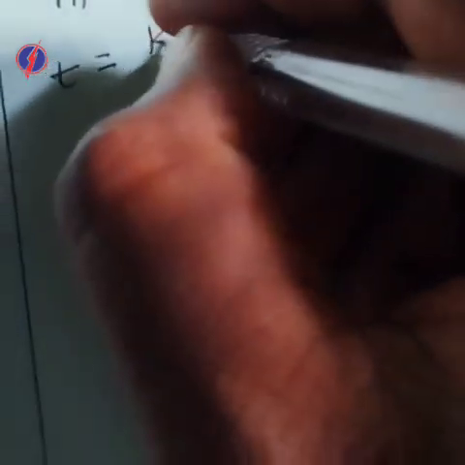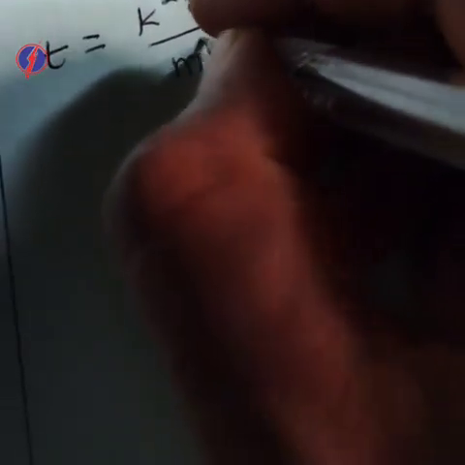Okay, so t is equal to k squared r over m squared plus p, right? Plus p.